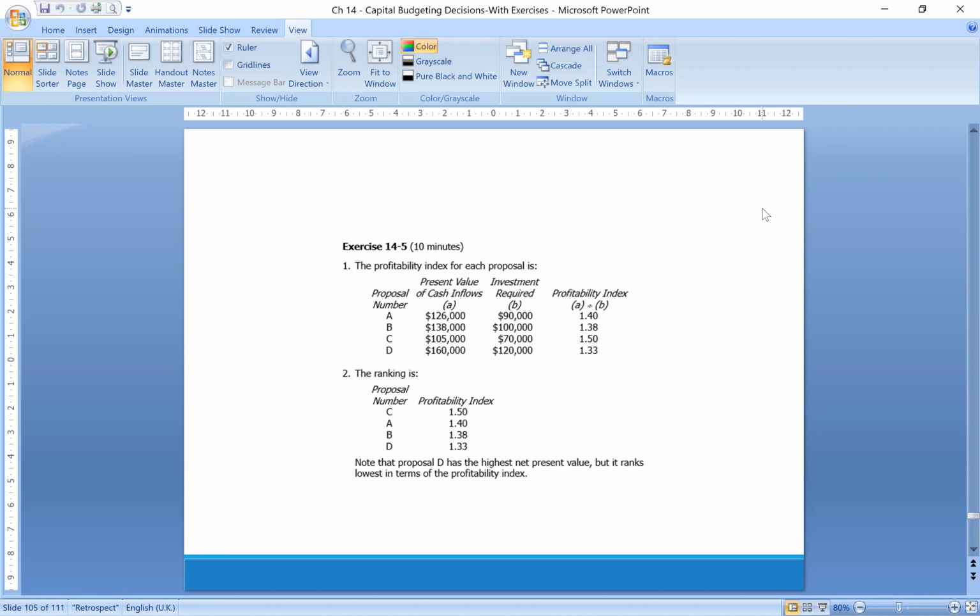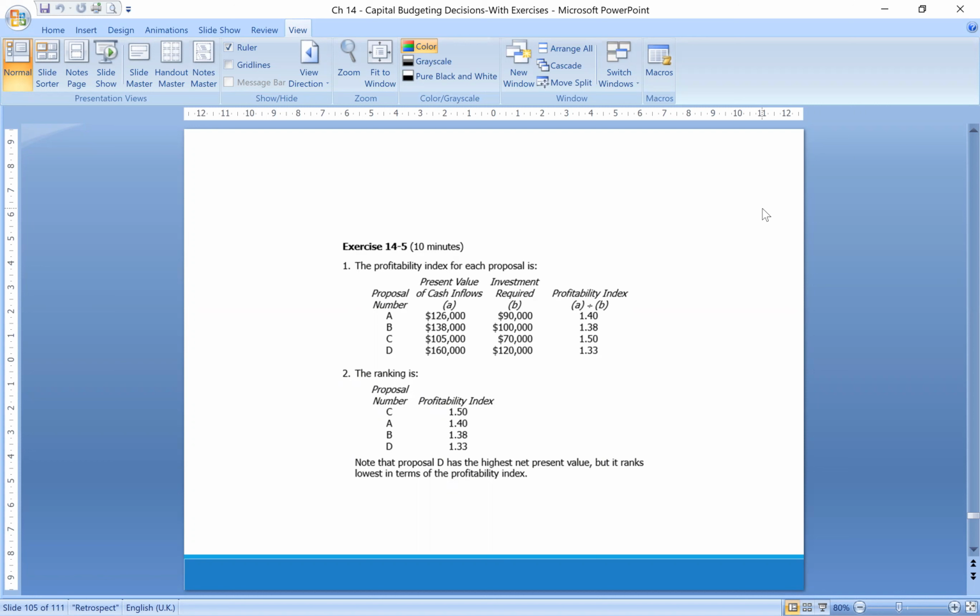So the net present value is just 36,000 divided by 90, 38 divided by 100, 35 divided by 70, and 40 divided by 120. 36 divided by 90 equals 40%, and 38 divided by 100 will be 38%. So this is the profitability index.